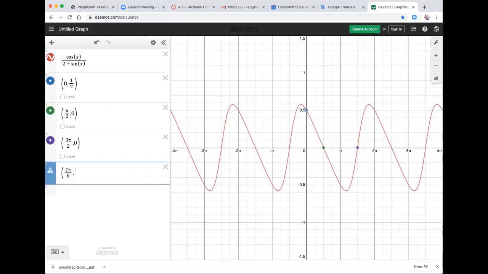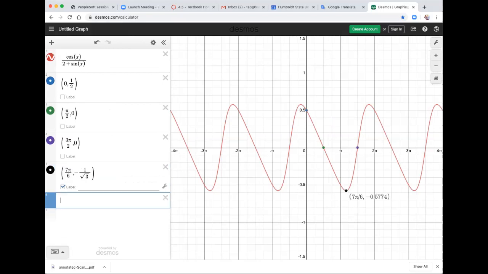And if I further recall correctly, the y value there was minus 1 over the square root of 3. Let me see if I can put that into Desmos and make it happy. Yeah, there's that extrema. If I put the label on it, okay, that was our local minimum. 7 pi over 6, there's the decimal value for minus 1 over the square root of 3.